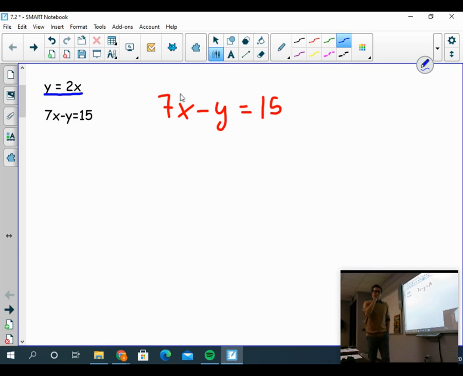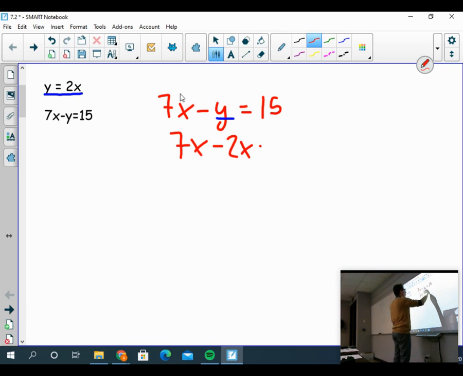Well, since they are exactly the same, just like the transaction between fast food and money when you go through the drive-through, where you exchange one for the other, we are going to exchange our y in this equation for a 2x. I'm able to do this because the equation tells me that y equals 2x. It's called substitution.